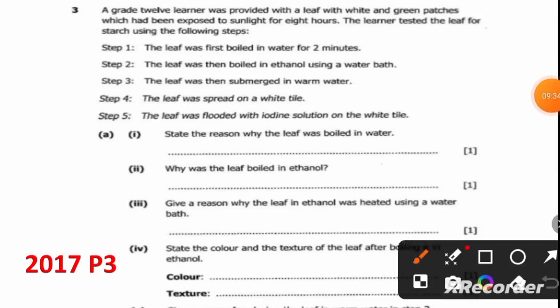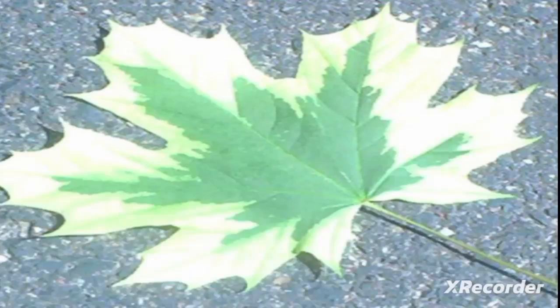Okay, so we are told in the question that the leaf has white patches and green patches, as we can see here.